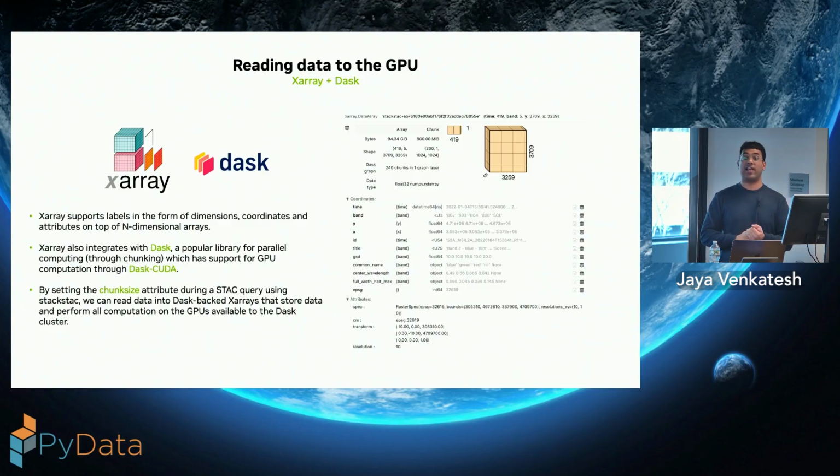This gives you a lot of flexibility in working with geospatial data because you know what each element in this array maps to. Xarray also helpfully integrates with Dask, and Dask itself has support for you to use GPU through Dask CUDA. So once we load the data into Xarray, we can move this data directly into the GPU.